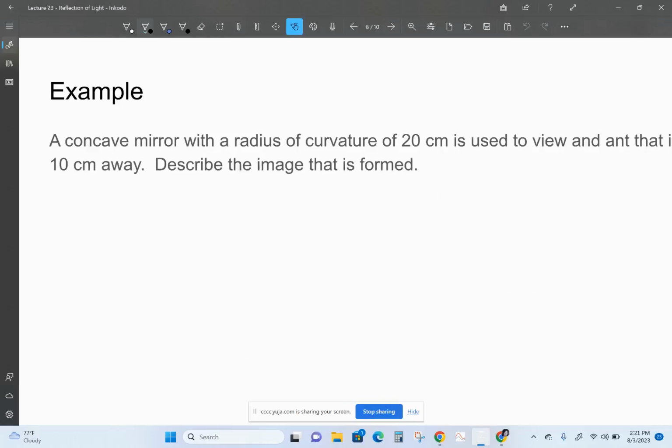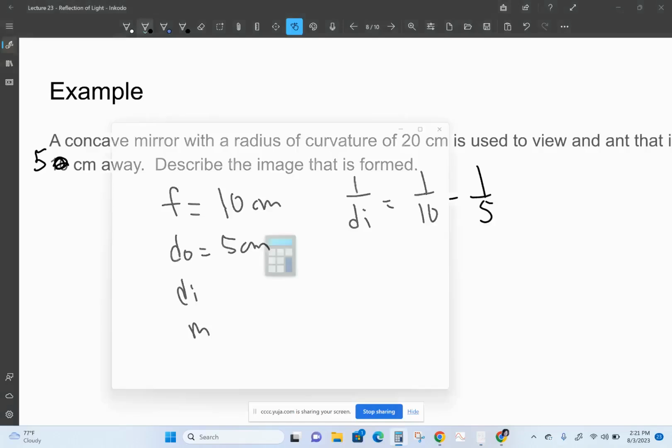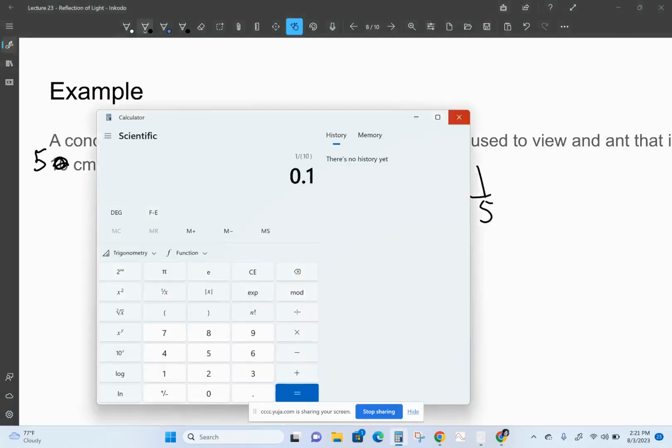If we have a concave mirror with a radius of curvature of 10 centimeters, its focal point is 10 divided by 2, or 5 centimeters. And now we're going to view something that is, let's make this 5 centimeters away. So di and m are what we're going to look for. 1 over di equals 1 over 10 minus 1 over 5. 1 over 10 minus 1 over 5 equals negative 0.1, and take the inverse of that.